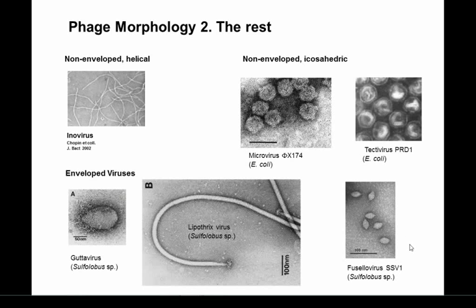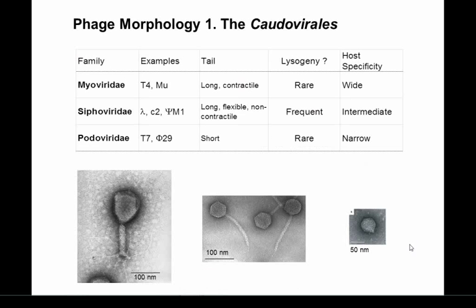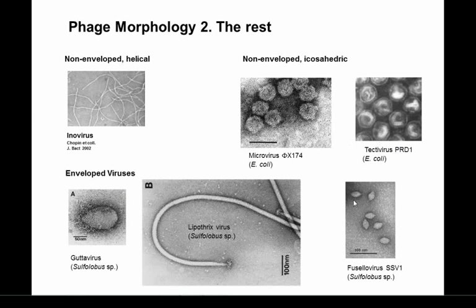So there are unusual types of bacteriophage, and we know a lot about the biology of the Caudovirales because they're very frequent. They've been studied intensively for maybe more than 50 years now. And these ones, we know a lot less about them because they've only been discovered in about the last 10 or 15 years.